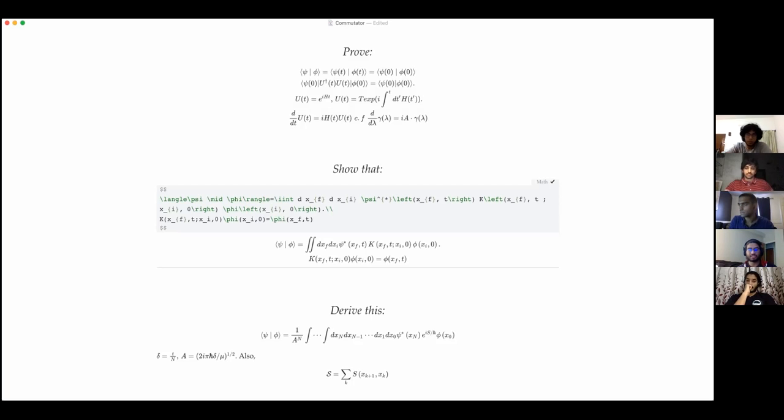So this K is not just evolving it over time; it's evolving it over space also. Well, there's only one. This is kind of redundant notation because xi is just x at t equals 0, and xf is just x at t equals t. It's 4-vectors, right? That's the simple thing about quantum mechanics, it's all one dimensional. Clearly, if we were doing this in field theory, it'd be a little bit more involved, but it's just going to be a bigger version of the same exercise.